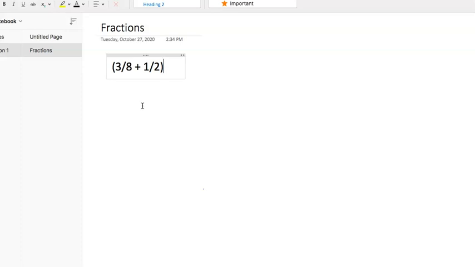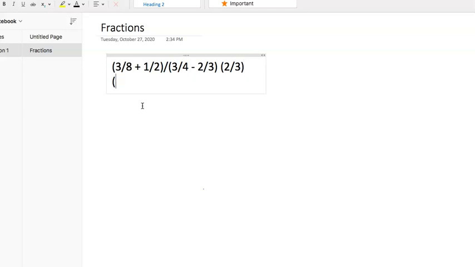All right, 3/8 plus 1/2 divided by 3/4 minus 2/3. It's more common denominator stuff when you subtract, times 2/3. So this has kind of everything.